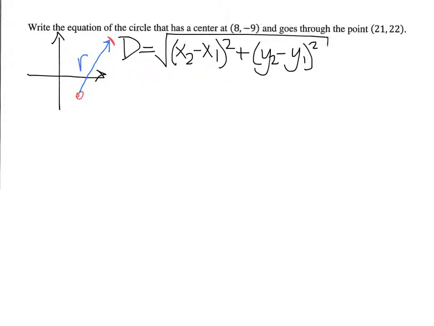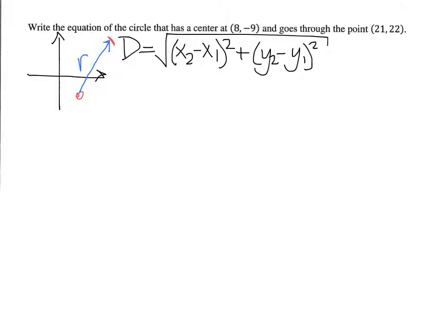Take the square root of that whole thing. We will call x sub 2 21, x sub 1 8, y sub 2 22, and y sub 1 negative 9.